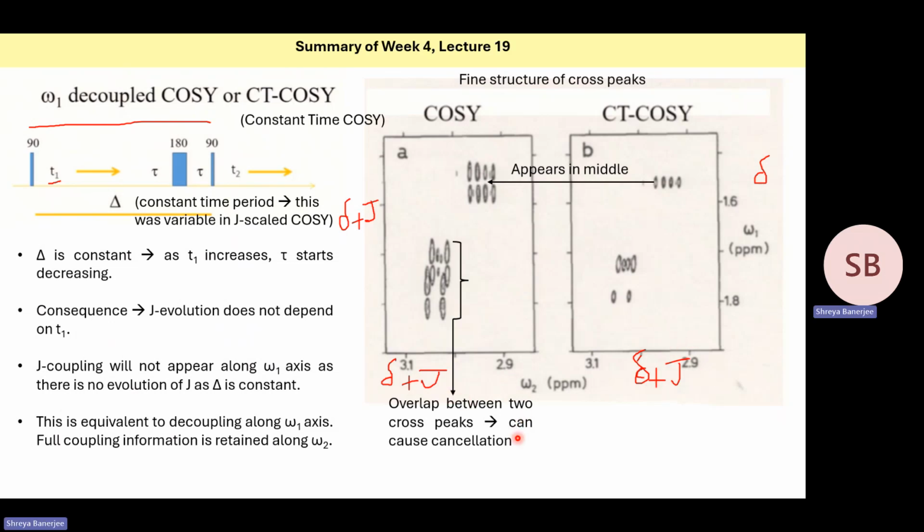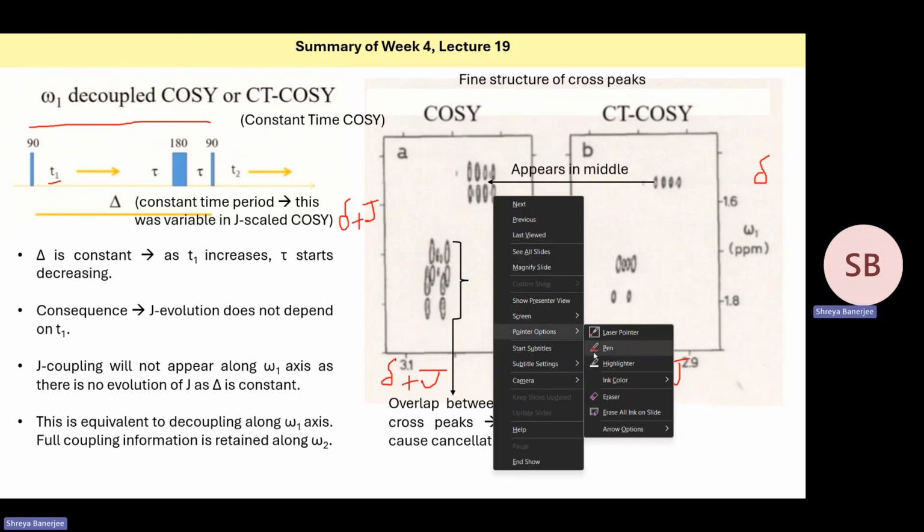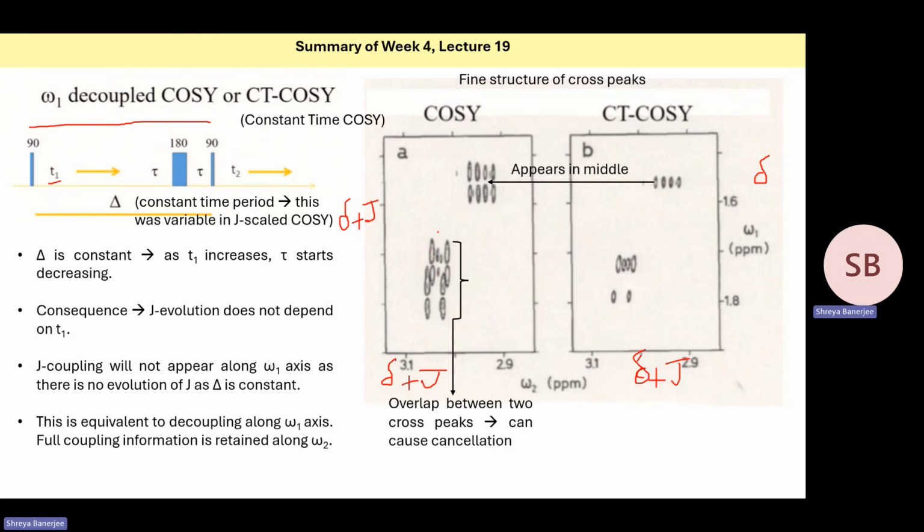What is the advantage of this? Suppose you have two cross peaks like this. So this is one cross peak, this is another cross peak, and they are overlapping. This kind of overlap can cause cancellation. But if you do an omega 1 decoupled COSY or a CT COSY, then the spectra will become less crowded, so there will be no cancellation.